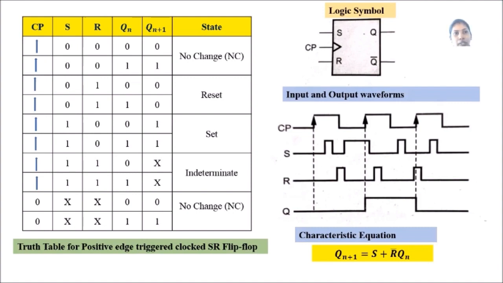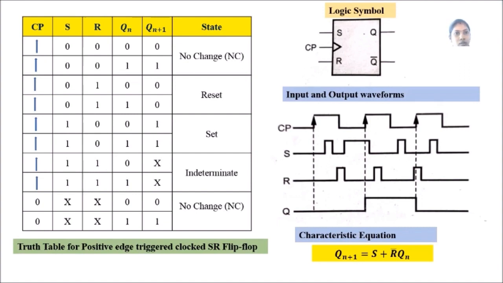Depending upon the inputs given, the present state and the next state, we have a truth table for 4 different conditions. The first condition is when set is equal to 0, that is S equal to 0, and reset equal to 0, that is R equal to 0. When both S and R are 0, the present state will be equal to the next state.